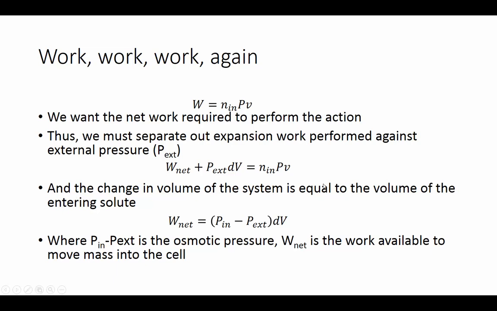And the change in the volume of the system is equal to the volume of the entering solute. So we can rearrange our net work equation to equal our pressure in minus the external pressure multiplied by the change in overall volume, big V volume this time, where this P in minus P ext is osmotic pressure essentially, and W net is the work available to move mass into the cell.